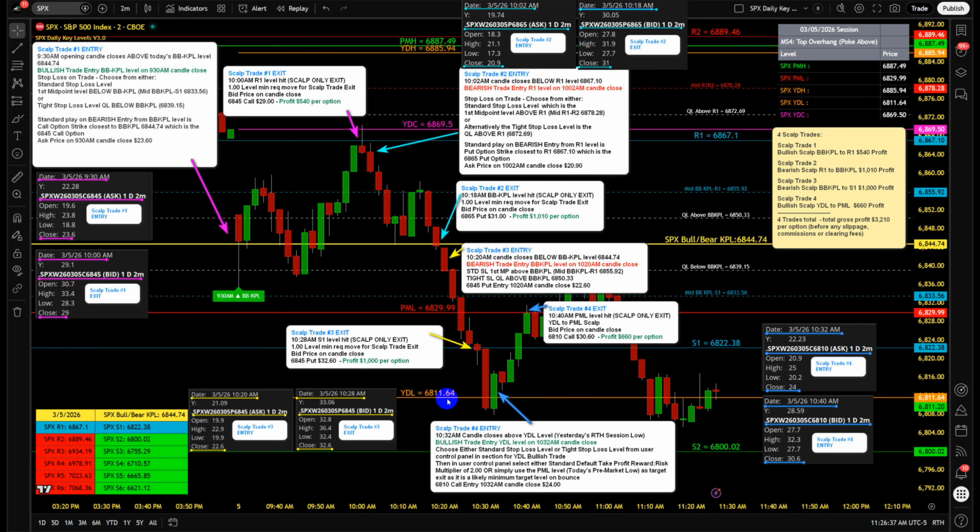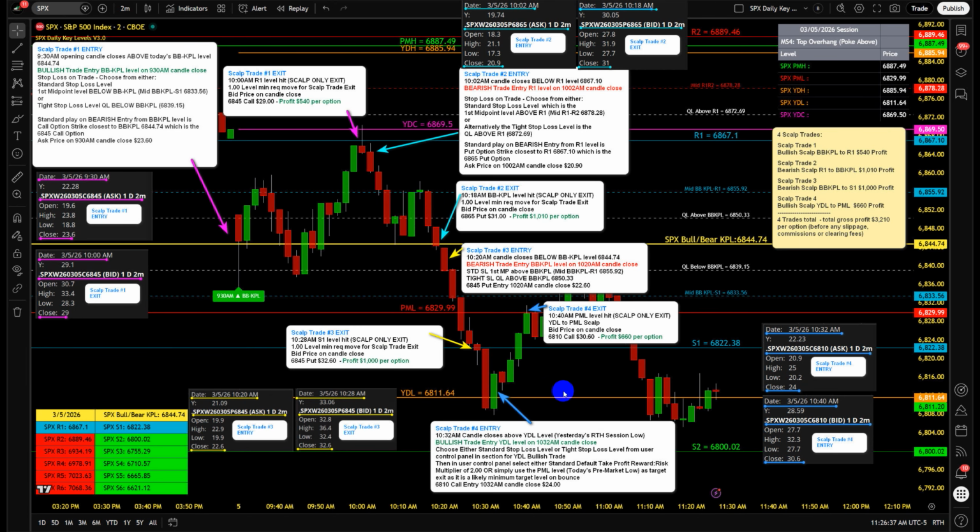So in this case, we have a scalp trade number 4 entry on a bullish close back above YDL on the 10:32 a.m. candle here. Now with this indicator, you can go into the user control panel, and how the stop losses are done for these levels, the PMH, PML, YDH, YDC, and YDL levels, are done through the user control panel.